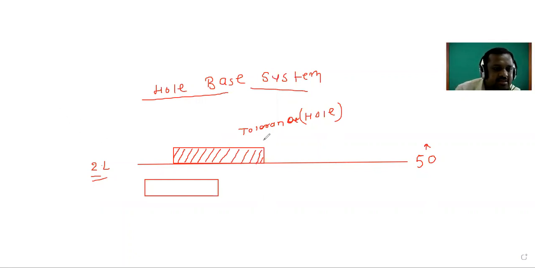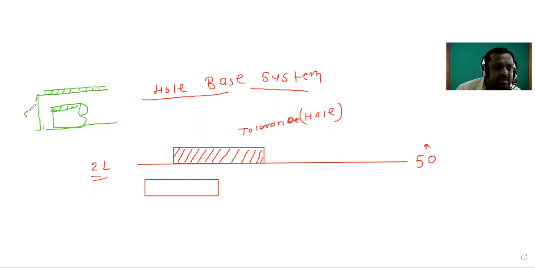Look at this diagram. This is the hole. This is the upper limit, the tolerance zone of the hole, and here your shaft will be. This is the shaft, and this is the tolerance zone for the shaft. Up to here, what is this? This is the basic size.